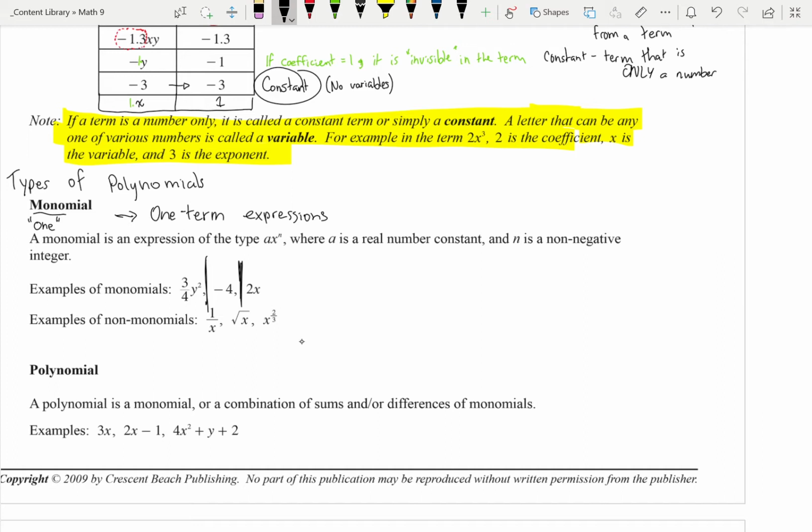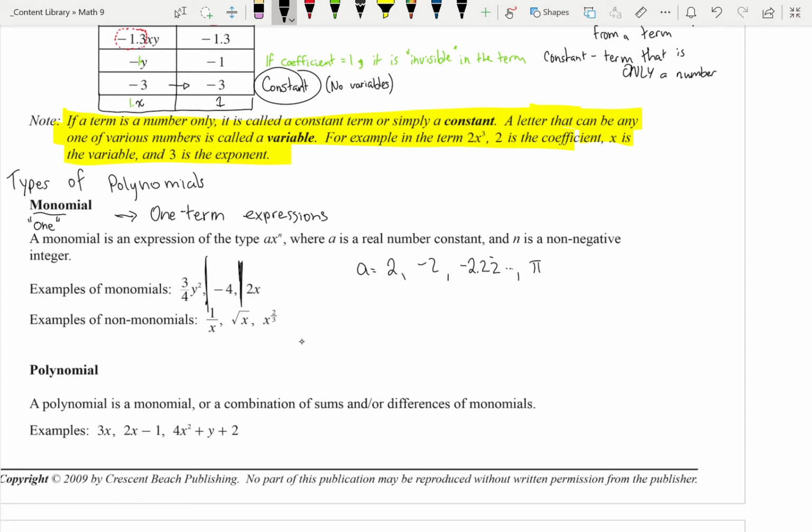The key bit is that a can be any real number, so it can be, say, 2, it can be negative 2, it can be negative 2.22 repeating, it can be pi. What it can't be is, well, it can't be imaginary numbers, but basically any number I put in front can be fine.